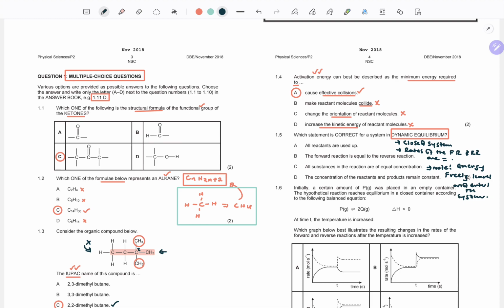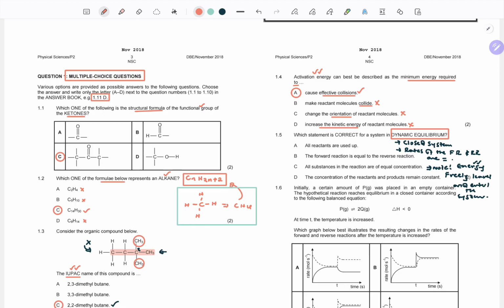Just remember that energy can leave or enter a system in dynamic equilibrium, all right? Just remember that. Again, a good demonstration is the effect of temperature in equilibrium.